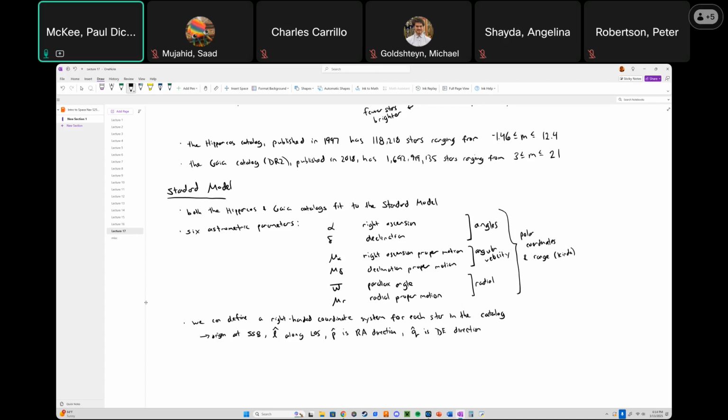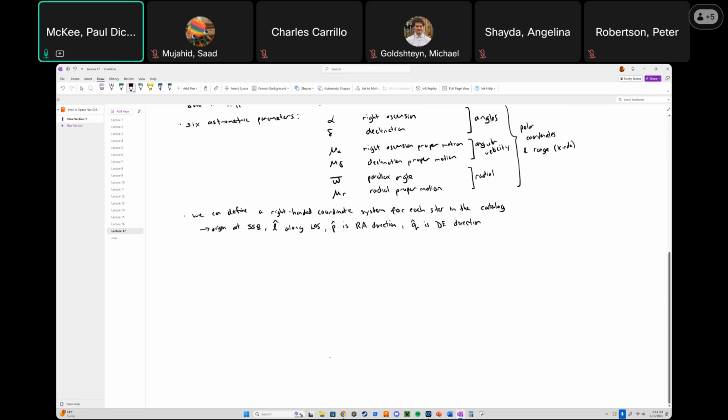Okay, so what do I mean by this? This is going to make sense in a minute when I draw a diagram. Let's say that you've got the sun. I'm going to try to do some fun color coding here. So here's the sun. Maybe we'll color it in. There you go. And then here is the International Celestial Reference Frame. So X, Y, Z, and this is the ICRF frame. Okay.